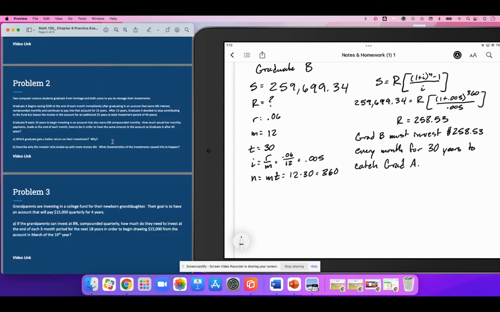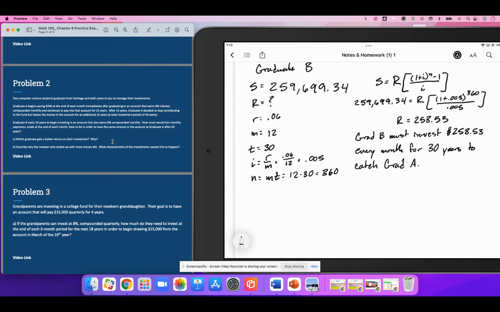So if you remember, grad A only had to invest $200 a month, and they only did it for 15 years. Grad B, because this person started 10 years later, has to invest more money every month, $258, and they've got to do it for 30 years.